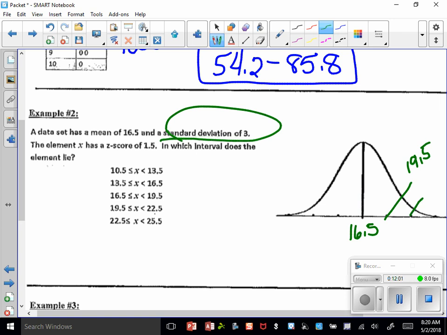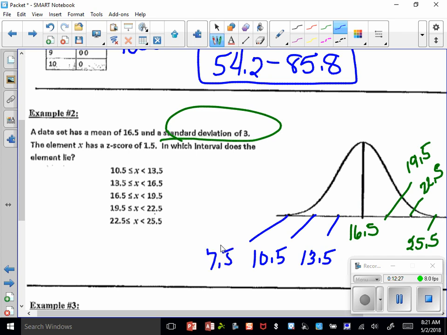What would this one be? 22.5. And what would the third one be? 25.5. How about going to the left? 13.5, what else? 10.5 and 7.5.